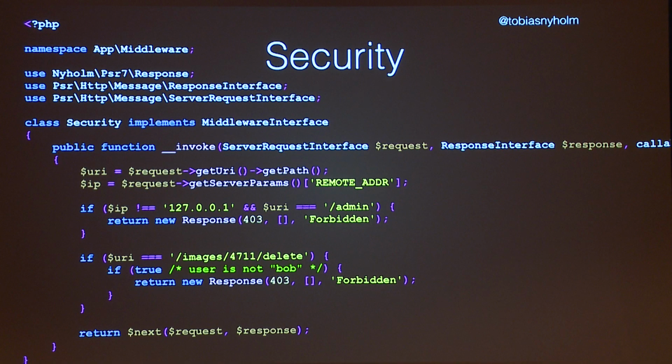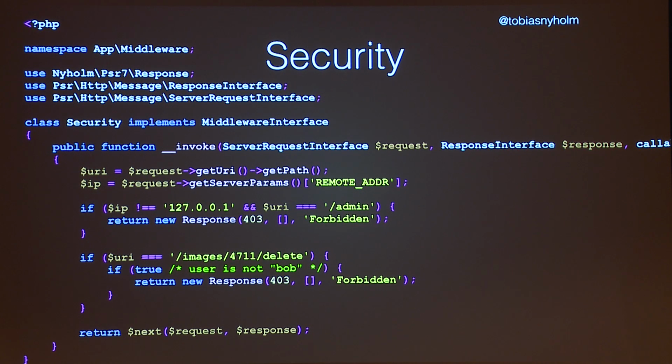A naive approach would be something like this: I add a new security middleware, and I say, if the IP is not localhost, and if the URL is admin, then forbid this. You have to be on localhost to see admin. And I could also say, if the URL is images 4711 delete, we have to make sure the user is Bob, because only Bob has the permission to delete this.